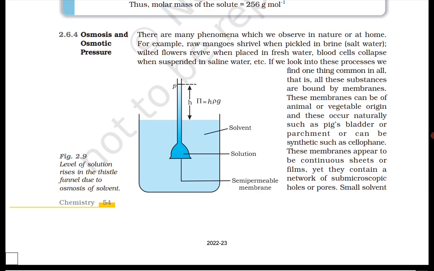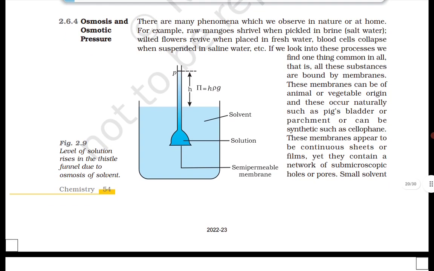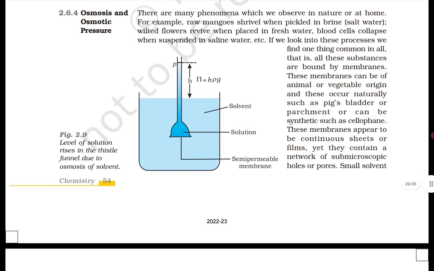Then 2.6.4, osmosis and osmotic pressure. There are many phenomena which we observe in nature or at home. For example, raw mangoes shrivel when pickled in brine, salt water; wilted flowers revive when placed in fresh water; blood cells collapse when suspended in saline water, etc. If we look into these processes, we find one thing common in all: these substances are bound by membranes.